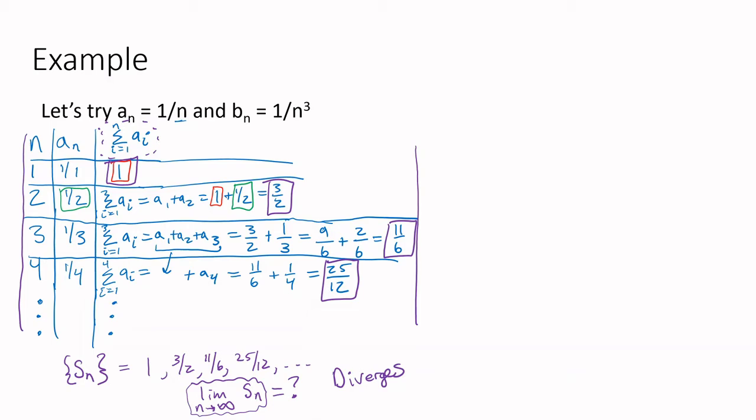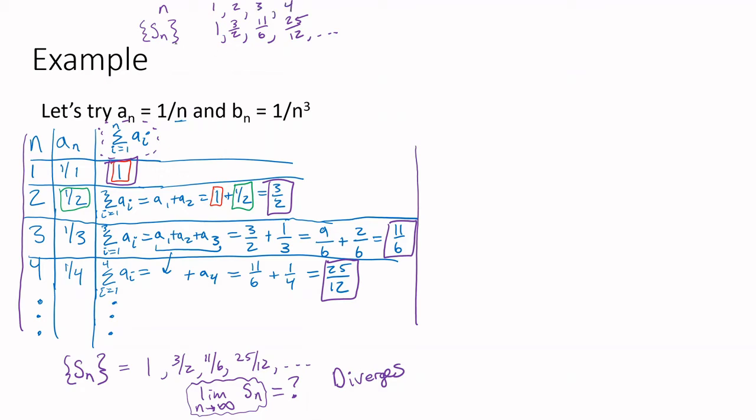Well, what we could do, and we're not going to go this way trying these problems out, but what you could do is take this sequence you have, 1, 3 halves, 11 over 6, 25 over 12, and if you could find a pattern for that, so I told you that this was this sequence. If you could find a pattern for this that involved n, so remember the n values were 1, 2, 3, 4.